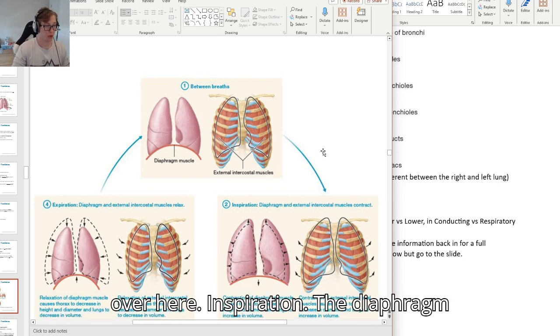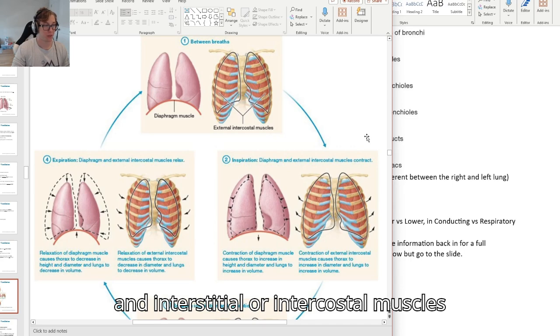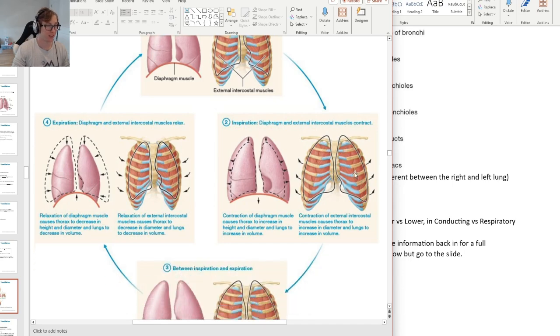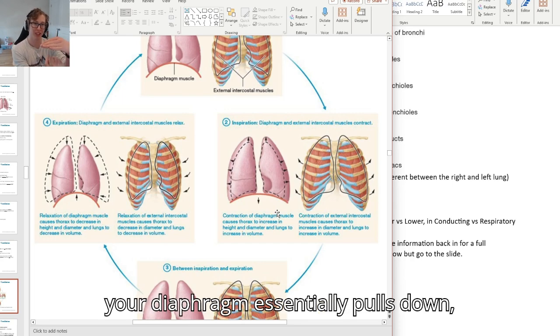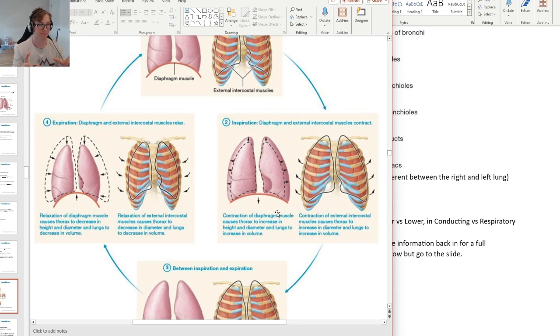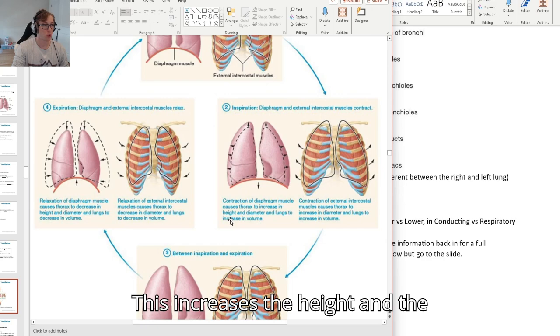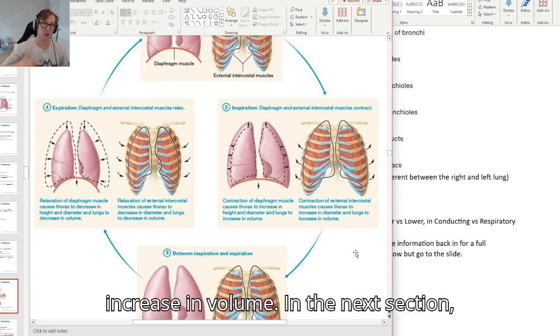Between breaths, both are relaxed. Inspiration: the diaphragm and intercostal muscles contract. What this means is that your diaphragm essentially pulls down, expanding your lungs, allowing them to be bigger. This increases the height and the diameter, and it essentially will increase in volume.